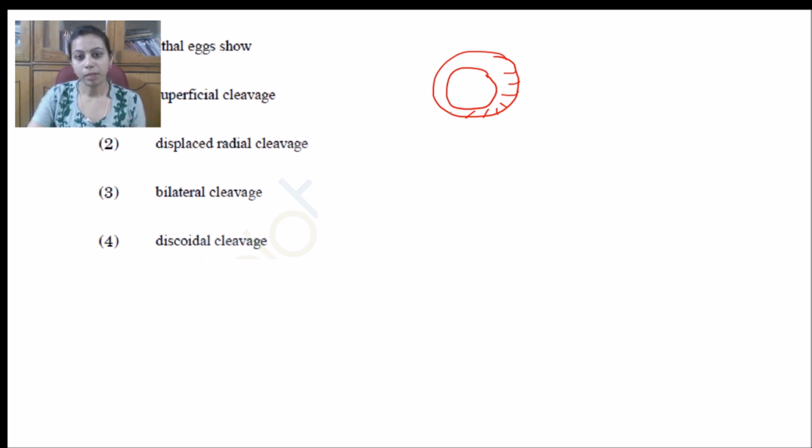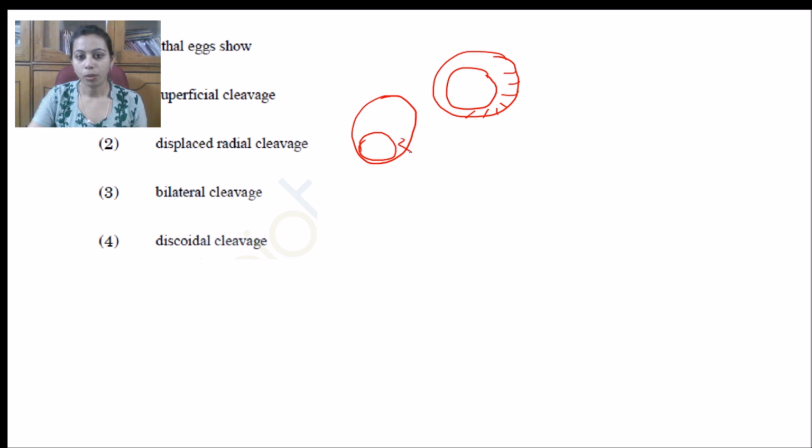Similarly, another question can also be asked, like an egg where the yolk is present toward the telolecithal end, and the amount of yolk is very sparse or very little. Then which type of cleavage will this egg follow?